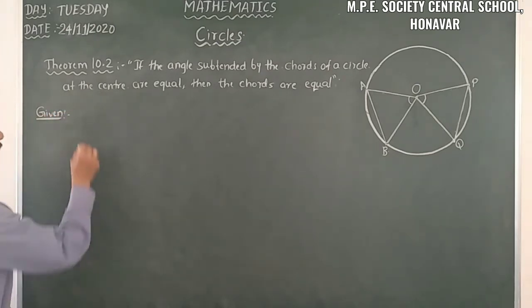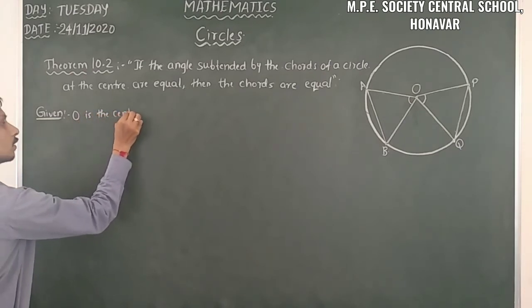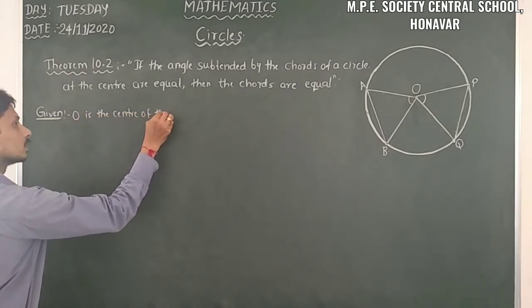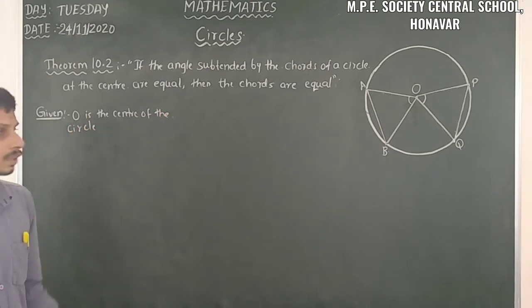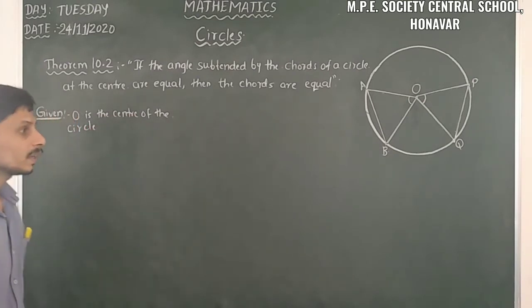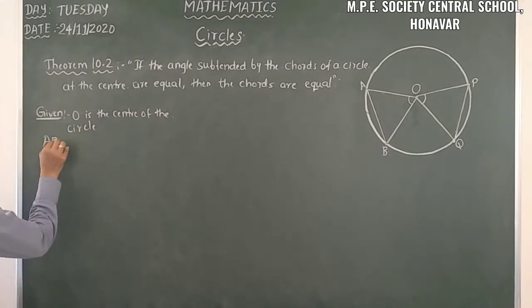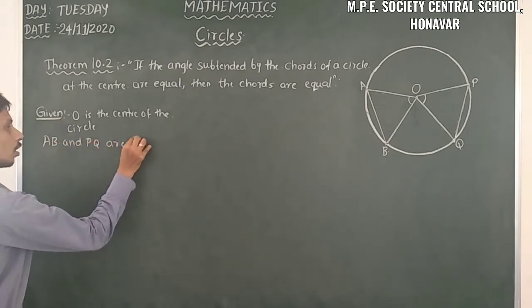O is the center of the circle. AB and PQ are chords.